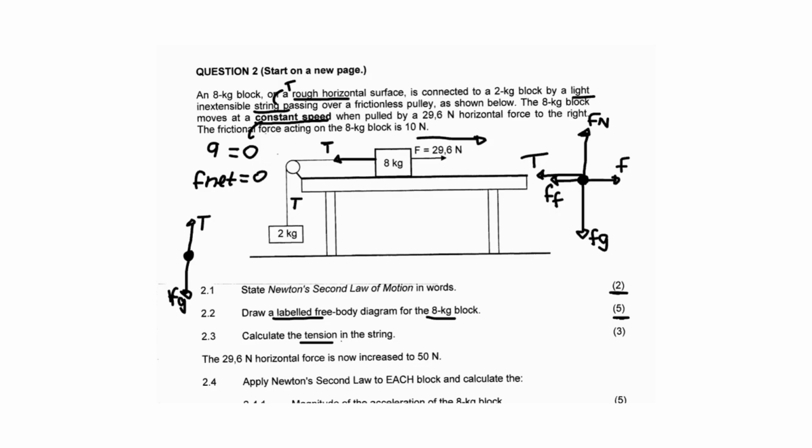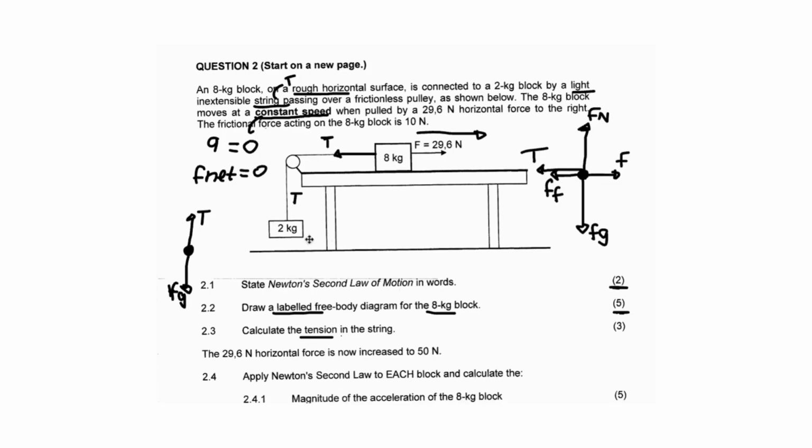Since we have a constant speed, it would mean that F net is 0. And if we now make use of the 2 kg block, the F net on the 2 kg is going to be equal to 0.